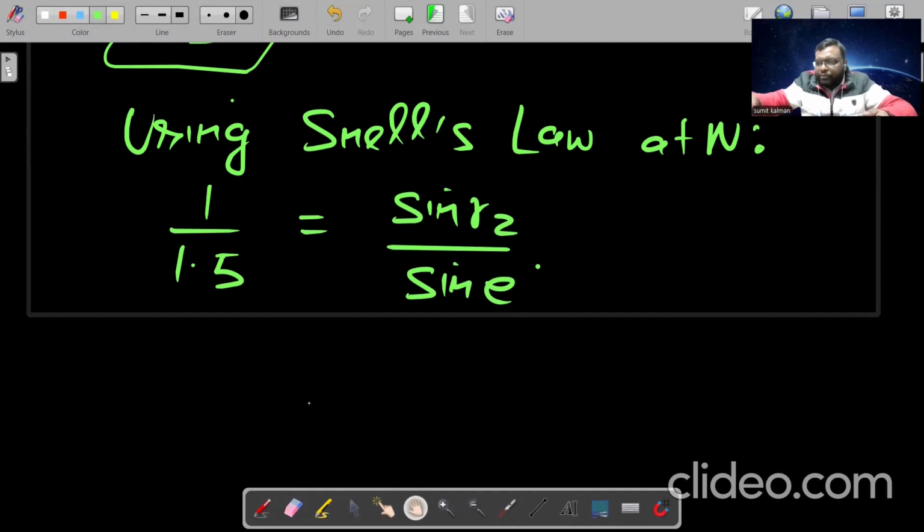Actually, most of the students got confused in applying Snell's law. So here I am just explaining it.